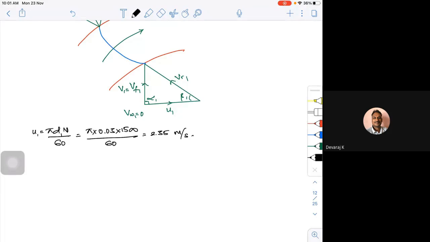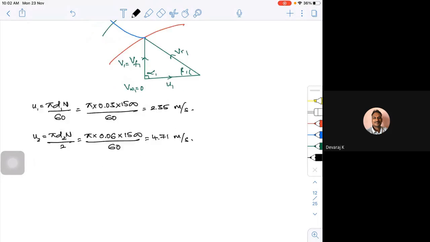Similarly, the peripheral velocity at the outlet, u2, is equal to pi into 0.06 into 1500 divided by 60, which is almost 2 times u1, that is 4.71 meters per second. These are peripheral velocities, or sometimes they call it the blade velocity.